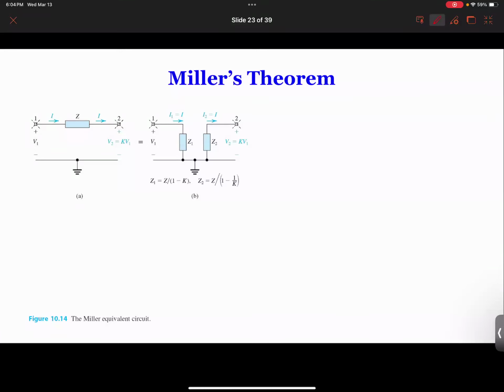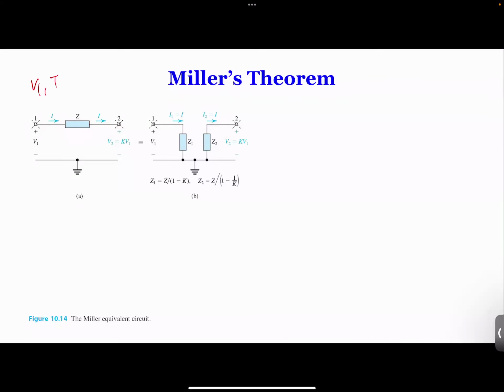Because you need to maintain the input and output exactly the same, the equations have to be written so that you have V1, I and I, V2. I mean the input current, input voltage, output voltage, and output current. On this side you have I1 and I2, which have to be the same. It didn't change, and V1 should not change either.